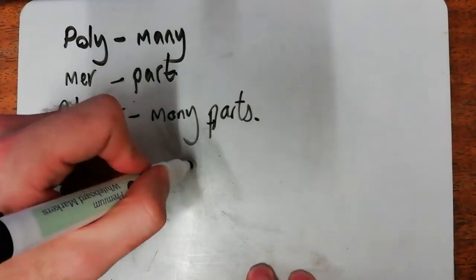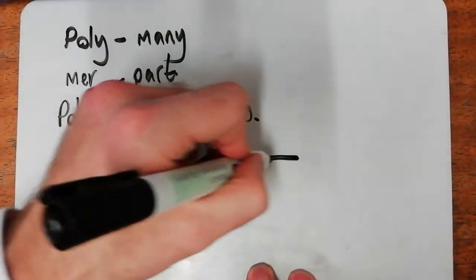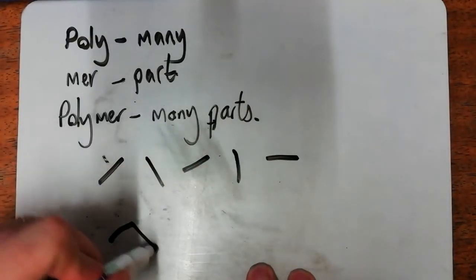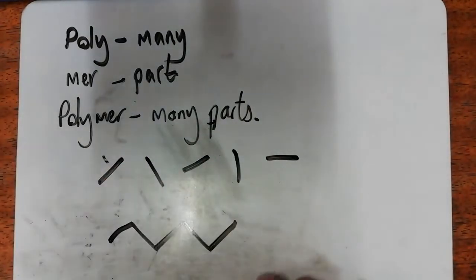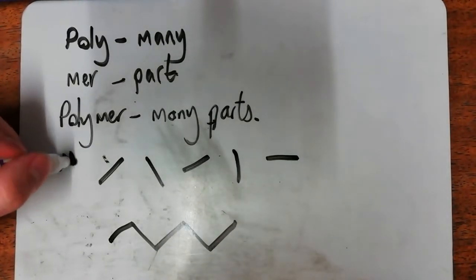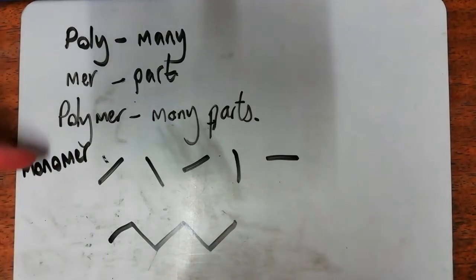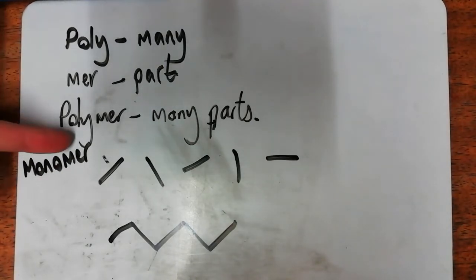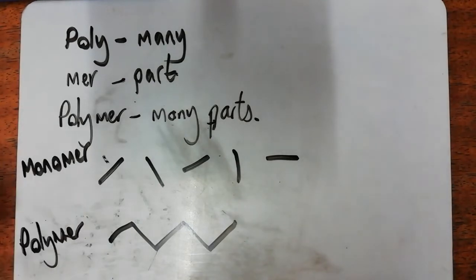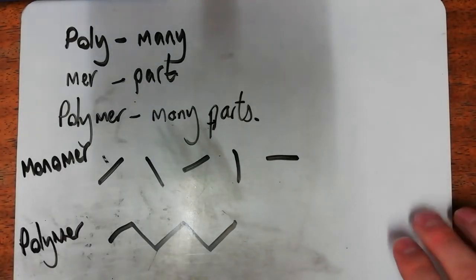So if you can imagine you had lots and lots of small molecules added together, join these all up, and you end up with a chain molecule. So these are what's called monomers, and again same, mono meaning one, so monomer, one part, and a polymer is once those parts have joined together.